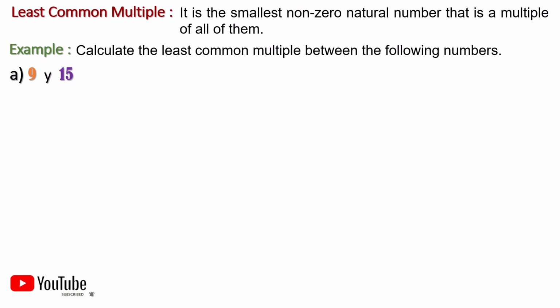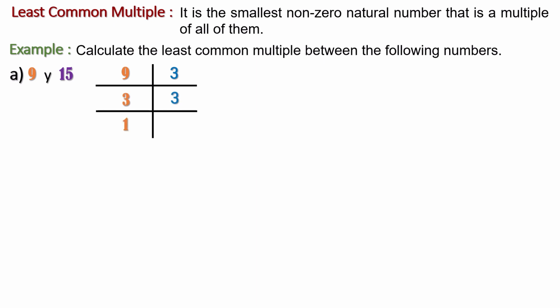We will begin with one of the known methods, that is, the decomposition in prime factors. To do this, we will use a table to find the prime factors that compose each one. The 9, we can divide it by 3 and we obtain 3. The 3, we can divide it by 3 and we obtain 1.